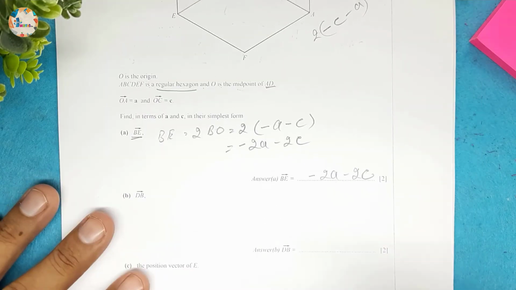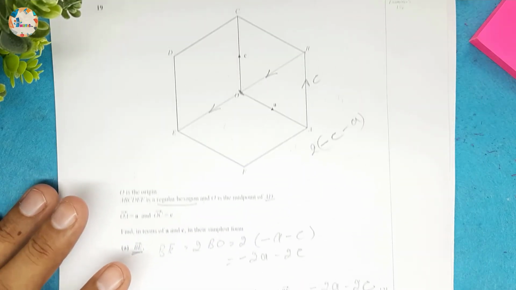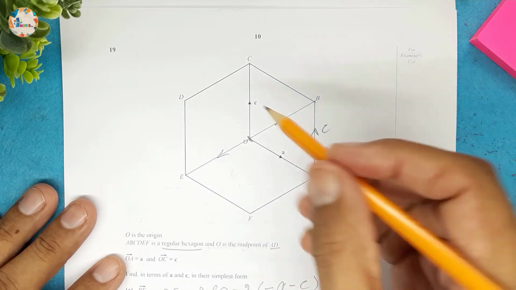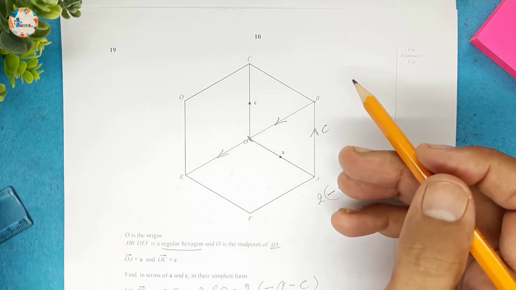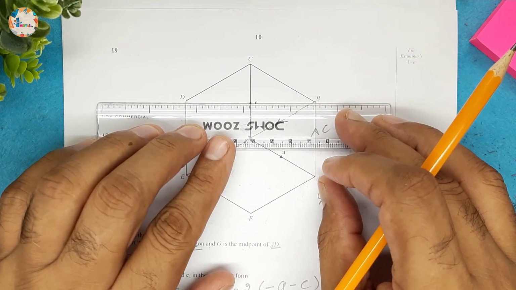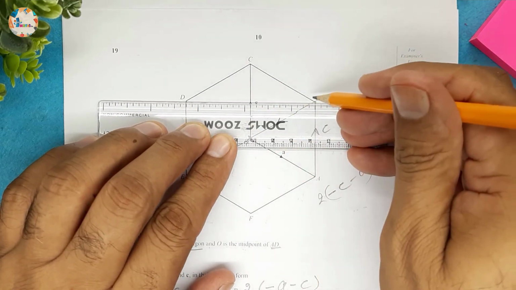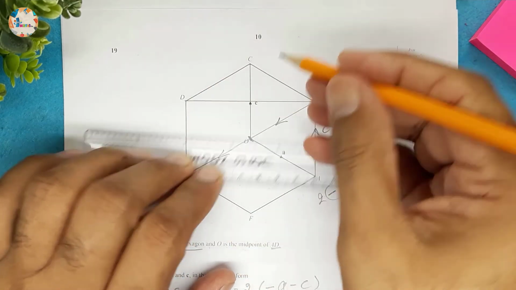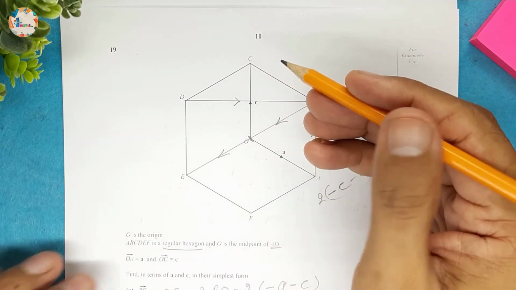Now the second part, the B part, is DB. So we have to check for DB. D is this one and B is this one. First we will draw DB, and DB will be this one. We need this direction.